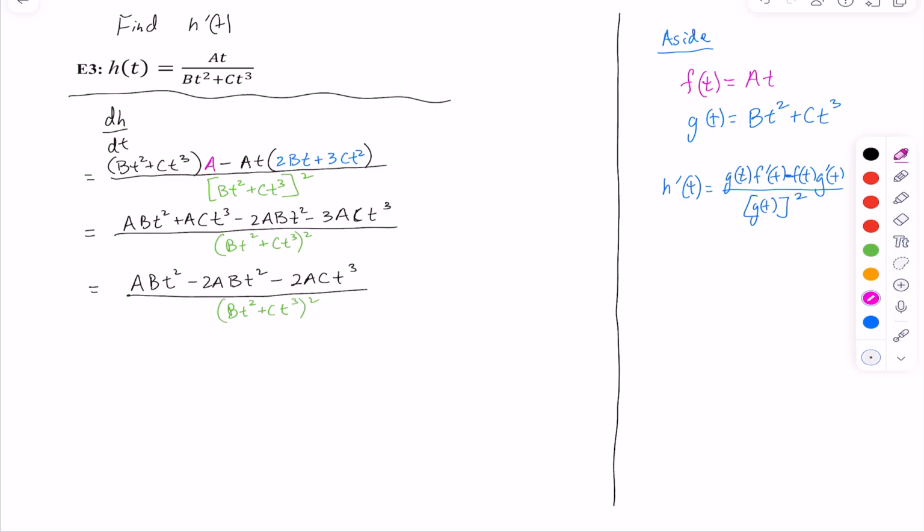And ready to finalize this with function notation. I'm going to write it back into prime notation, which is a function of t. And I realize I could simplify this even more.